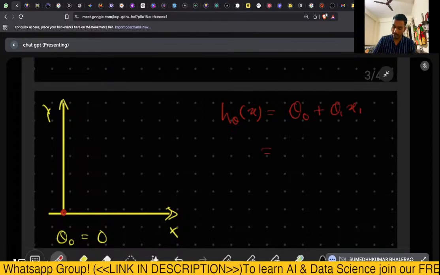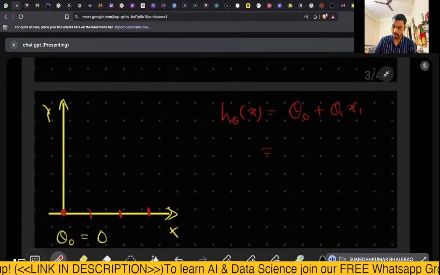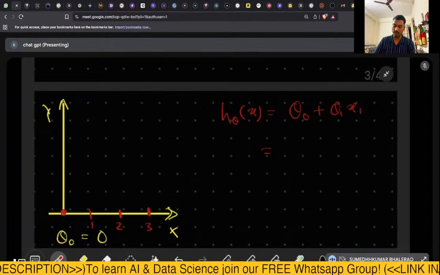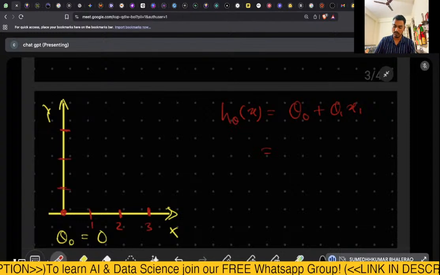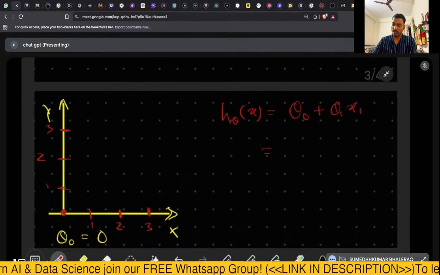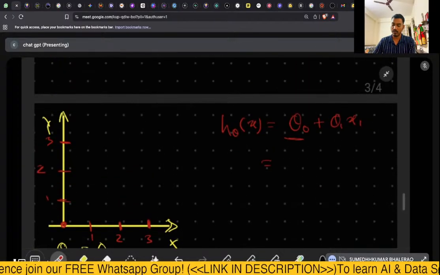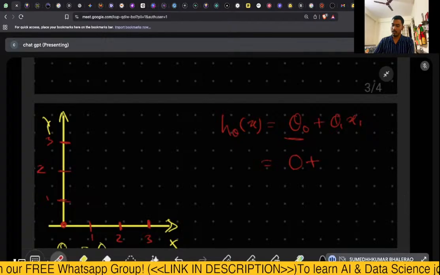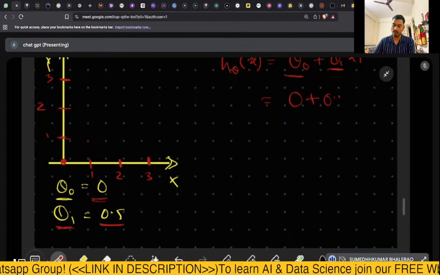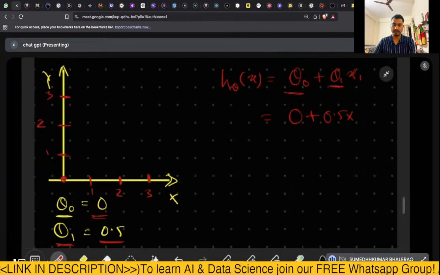I have some values on x: 1, 2, 3, and some values on y also: 1, 2, 3. Now, theta 0 is 0, theta 1 is 0.5 into x, and x1 is 1.